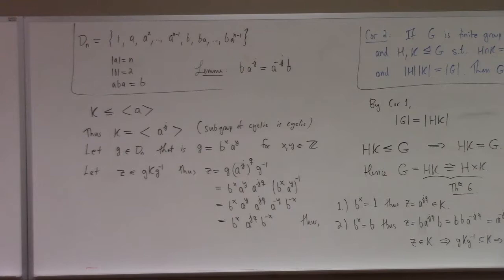What? Never mind. Oh, okay. I was just going to say, 'cause we started with z equals g, k, g inverse, and we ended up, in the second case, with b, a to the jq, b equal to z, right? Could we then just say, obviously, b is equal to g is equal to its inverse in that case?